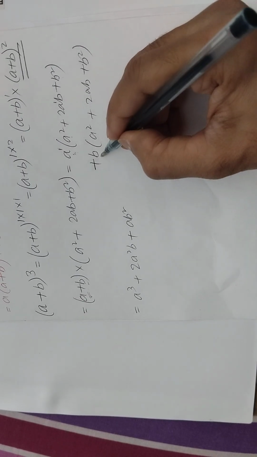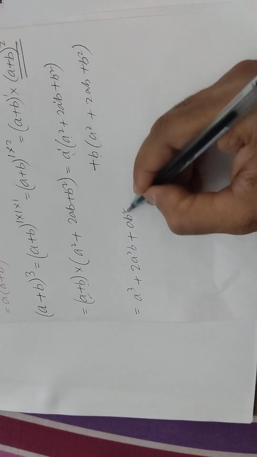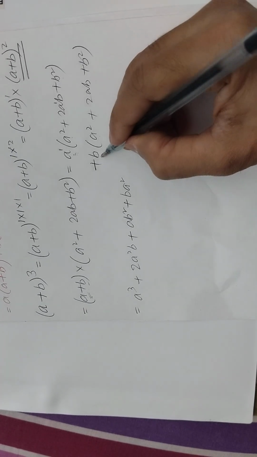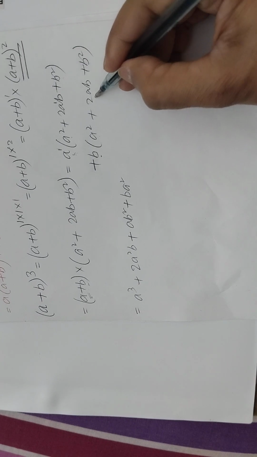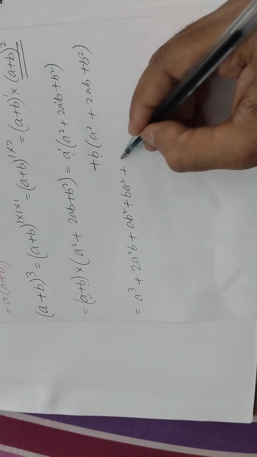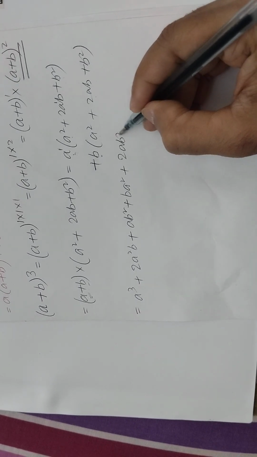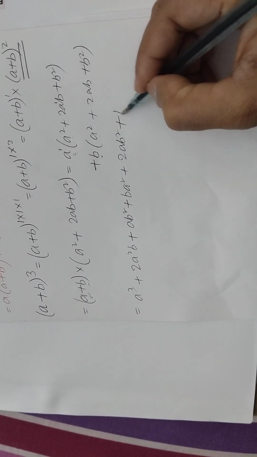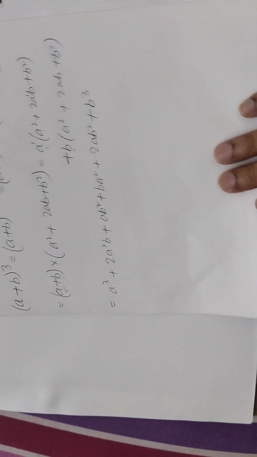When I multiply b into a square, I get ba square. When I multiply b into twice ab, I get 2ab square. When I multiply b into b square, I get b cube.